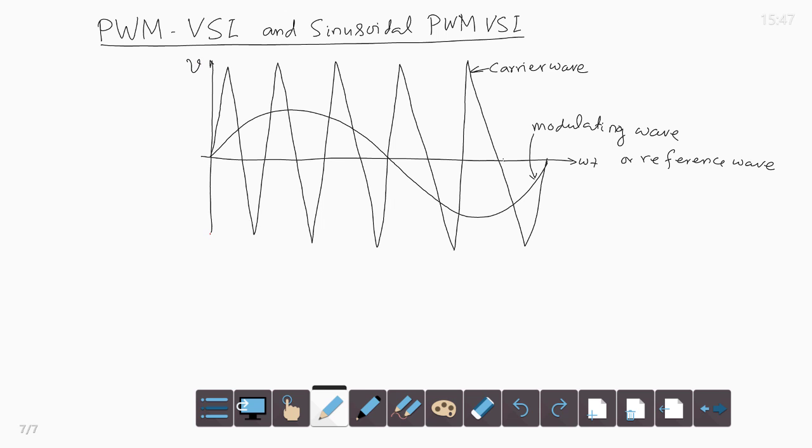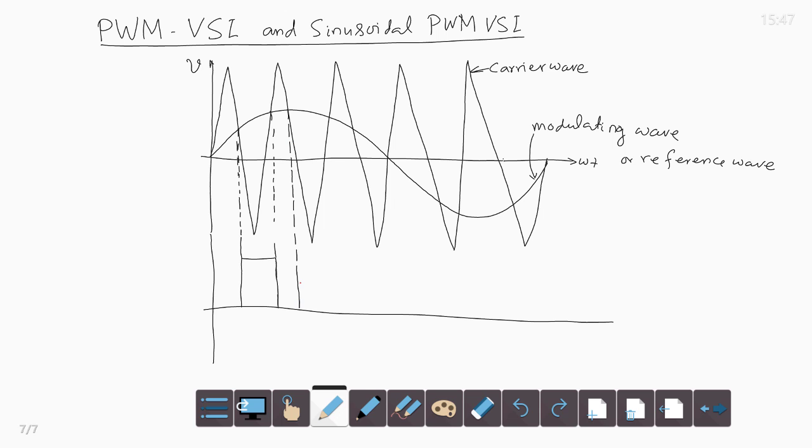Accordingly, switches are turned on. So the current waveform, if you want to draw, this is one pulse, this is another pulse, and here 1, 2.